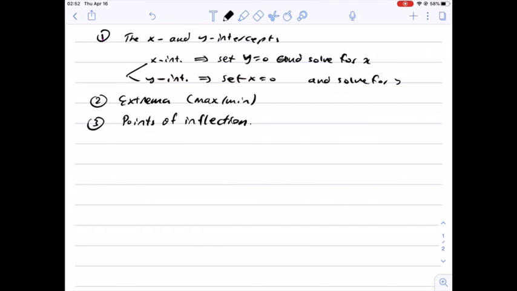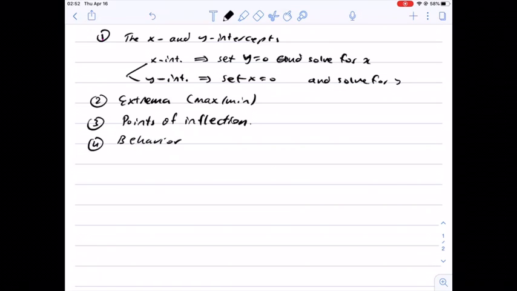If we determine this point, we can determine where the function changes concavity. For example, if it was concave up, then it changes to concave down, or vice versa. So this is a very important point in a given graph or in graphing functions.